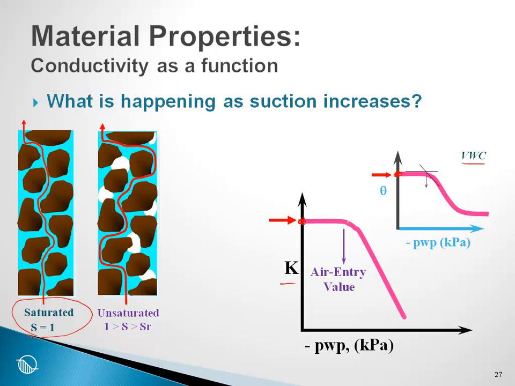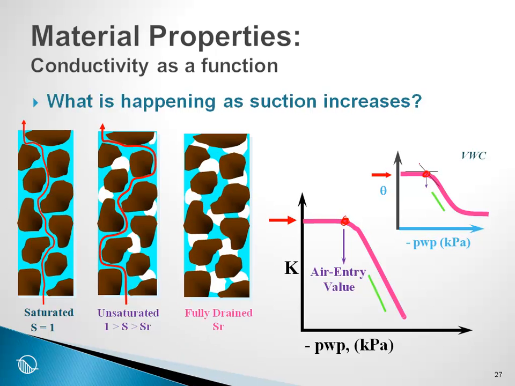In this case the difficulty starts when air begins to enter the sample, and then ultimately when the soil drains to the point where there is no continuous water path, we reach the residual water content. On our volumetric water content function, it is somewhere here.